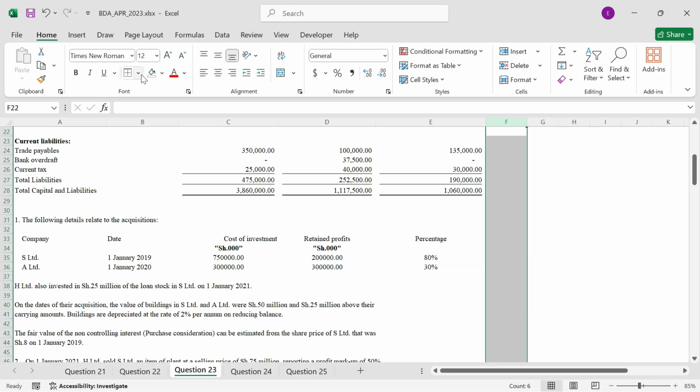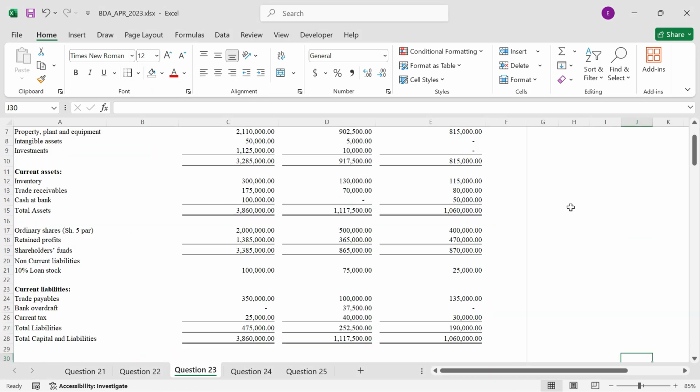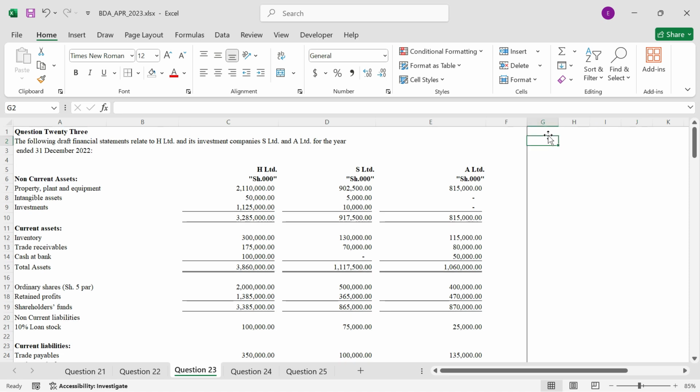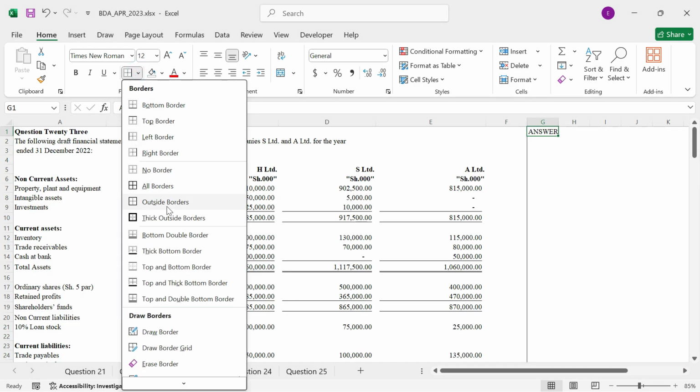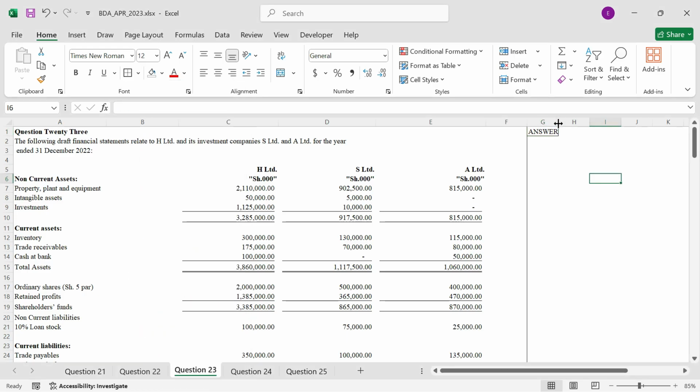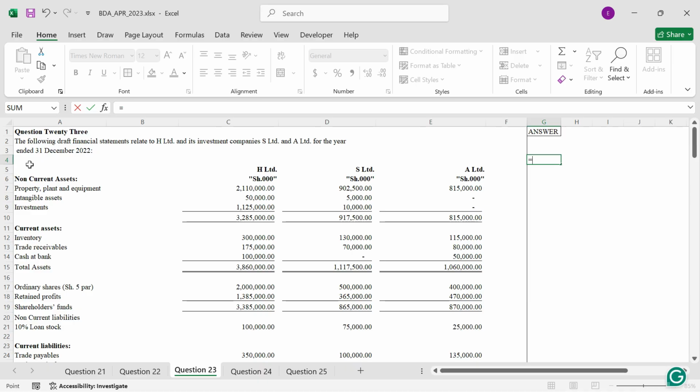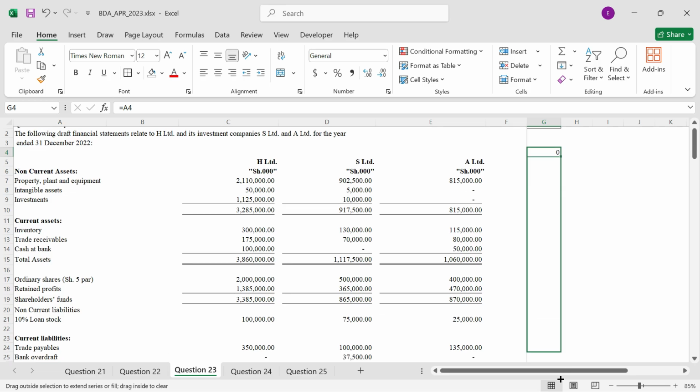So I capture my information. First, I'll leave space at the top to capture my statements. Given what I know now, I can capture just the labels of the statement and adjust them appropriately.